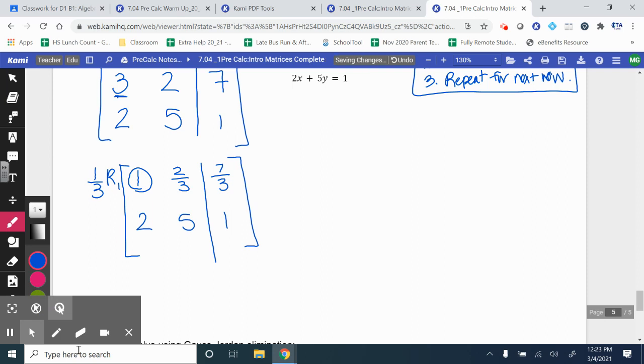My next goal here is to get a 0 below it. So I want this 2 to become a 0. Well, how do I get that to become a 0? To get the lead 1s, you're always going to just multiply by the reciprocal. To get the zeros, you're going to multiply whatever row you got the lead 1 in by the additive inverse of this number, and then add it to that row.